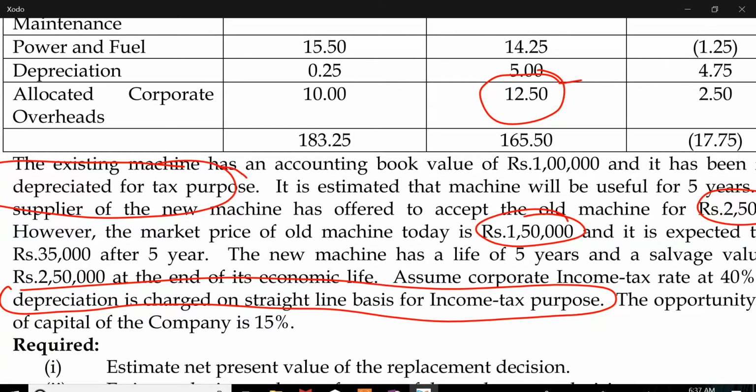Next point, depreciation of existing machine will be taken as 0 due to fully depreciated book value.